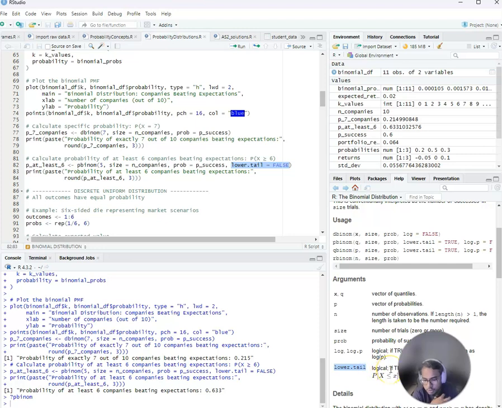The default is true. If I set it as true, then I'm getting the probability of X less than or equal to x. If I set it as false, then I'm getting the probability of X greater than x.